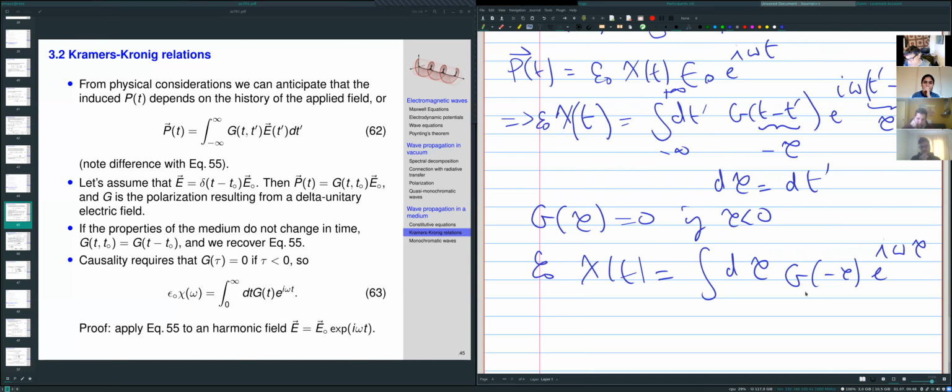That should be 0 if the argument is negative. So when tau is negative, this is 0. So it's non-zero when tau is positive, because of the minus sign that's here.